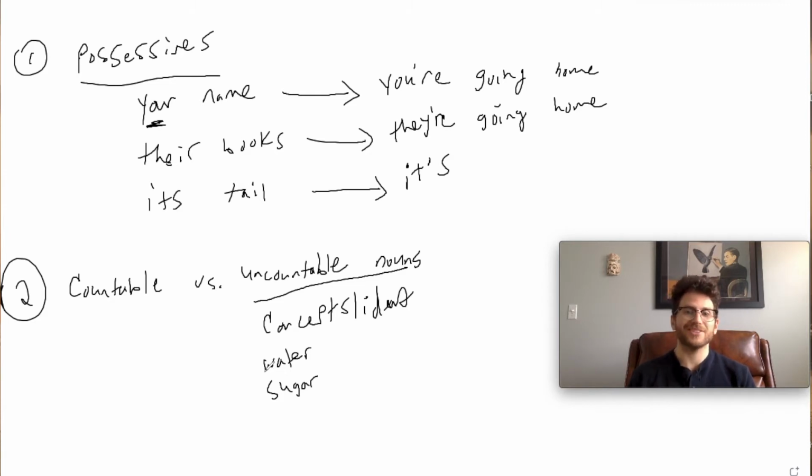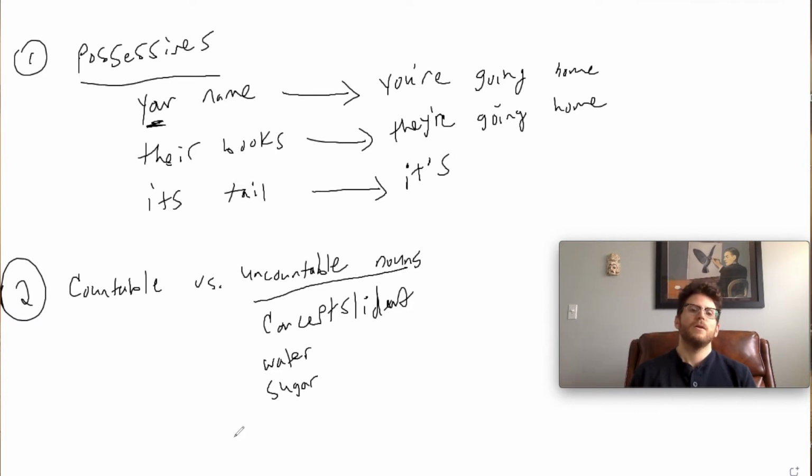We sometimes say, go get some waters, plural. What we really mean, though, is bottles of water. We don't mean waters. Okay? Same with sugar. We sometimes say, leave some sugars on the table for us. What we really mean is packets of sugar.